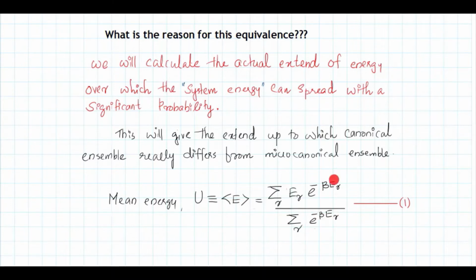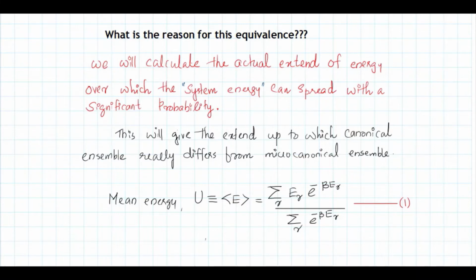Here e raised to minus beta Er is known as the Boltzmann factor, and e raised to minus beta Er divided by sigma r e raised to minus beta Er is called the probability of finding the system in an energy eigenvalue Er. So, summation of energy multiplied with the probability will give you the average value of energy.